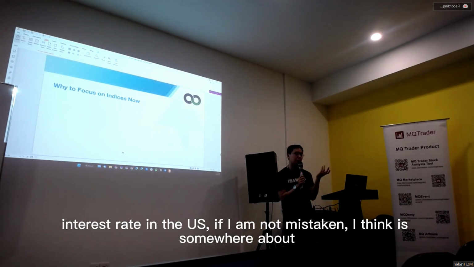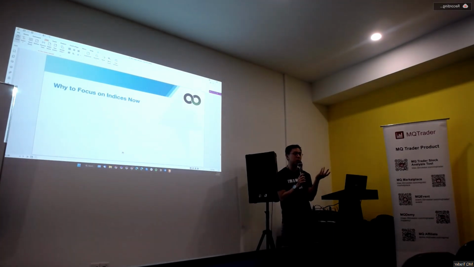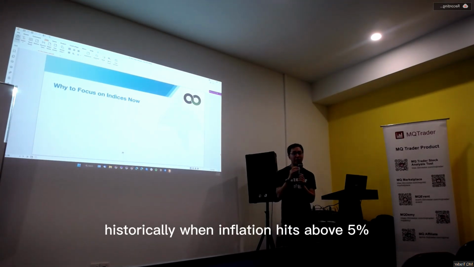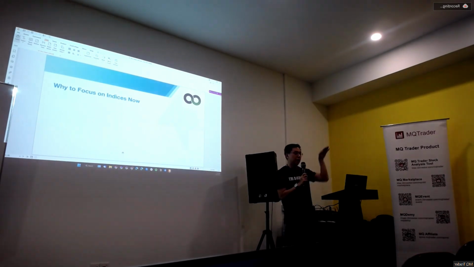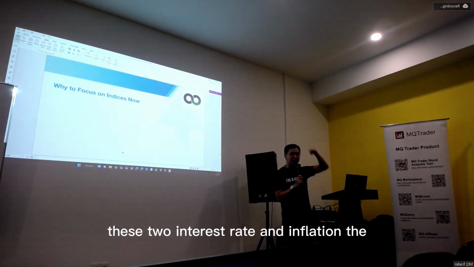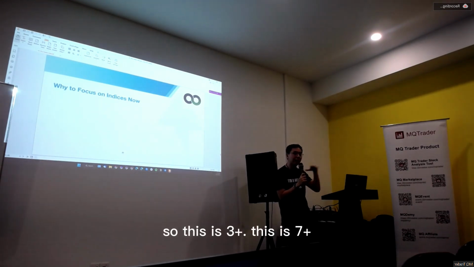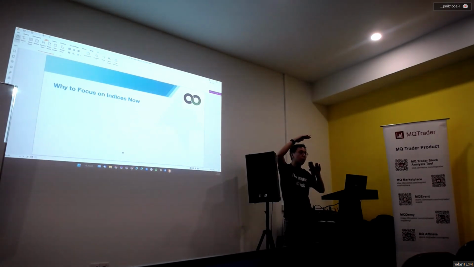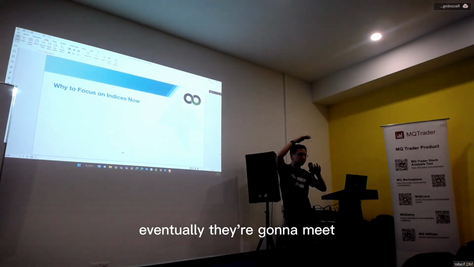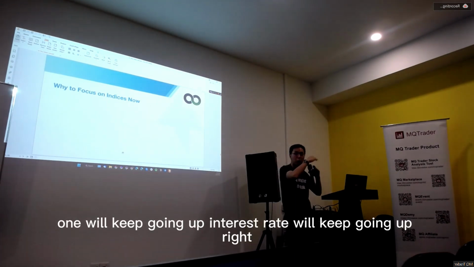Interest rate in the US, if I'm not mistaken, is about 3+%. Historically, when inflation hits above 5%, these two, interest rate and inflation, will meet at some point. This is 3+, this is 7+. Eventually they're going to meet, because interest rate will keep going up, hiking.